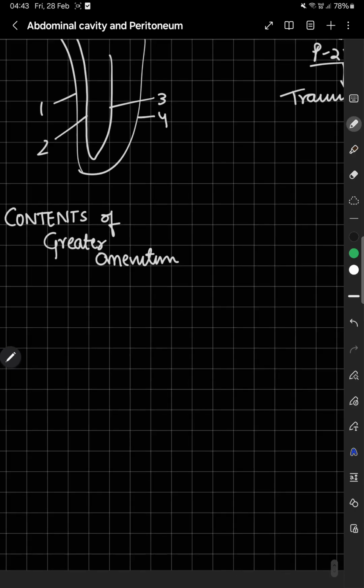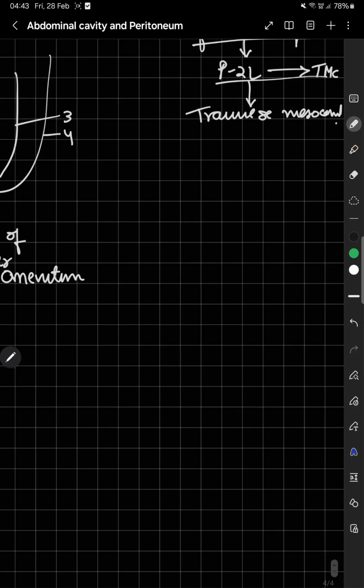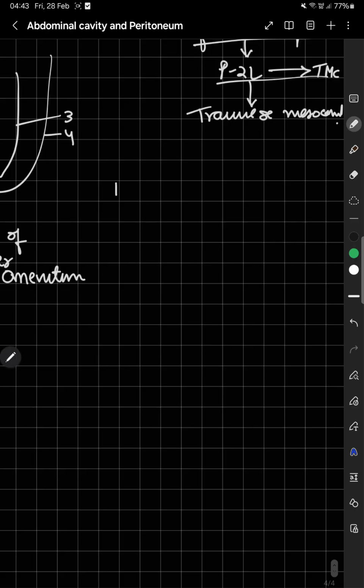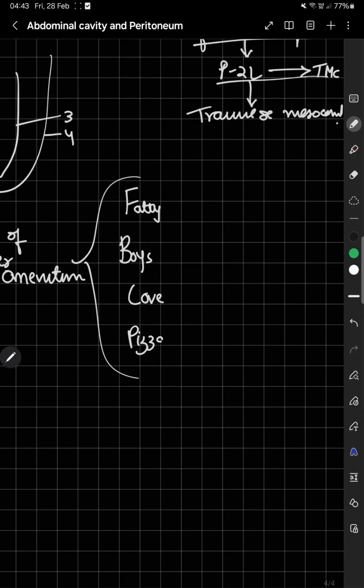So for the contents we have a trick: Fatty boys love pizza. So the first content which we are going to get is fat, which is adipose tissue.